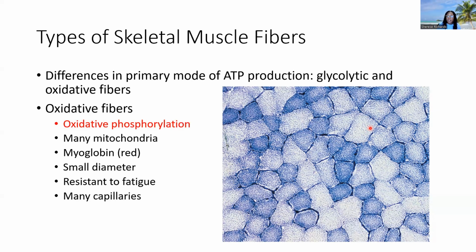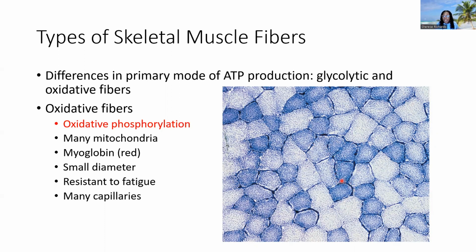And so for that reason, these fibers are going to appear red, these darker appearing fibers. They're going to have a smaller diameter. Notice that these fibers are much smaller than these larger fibers. They're going to have lots of capillaries. Notice in between here, we can see these little dark striations. These are actually the capillaries that are surrounding the darker fibers.